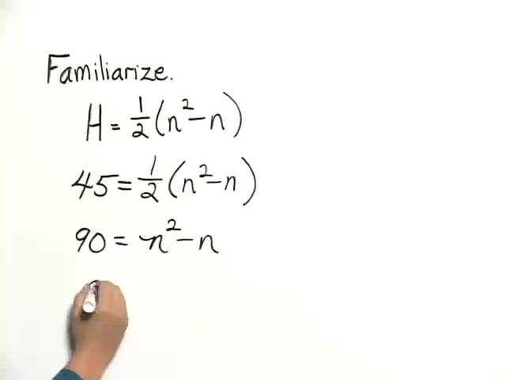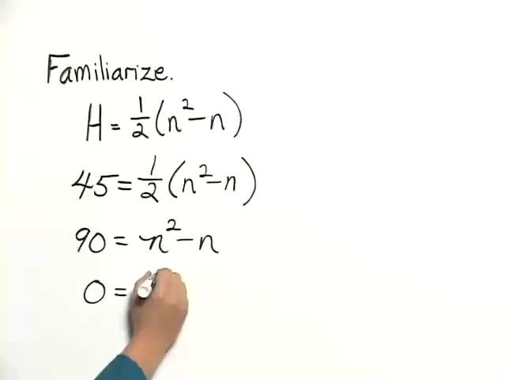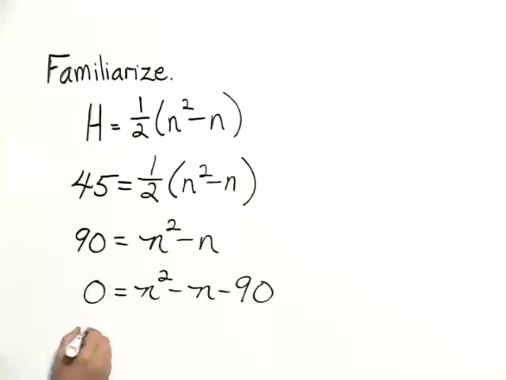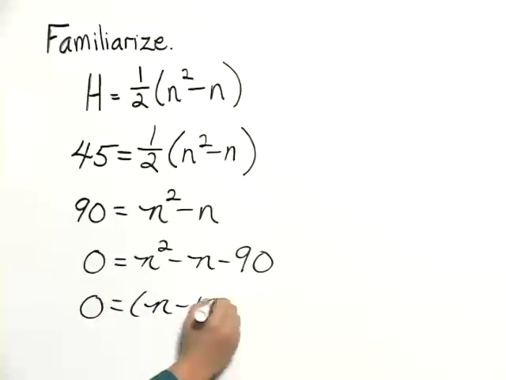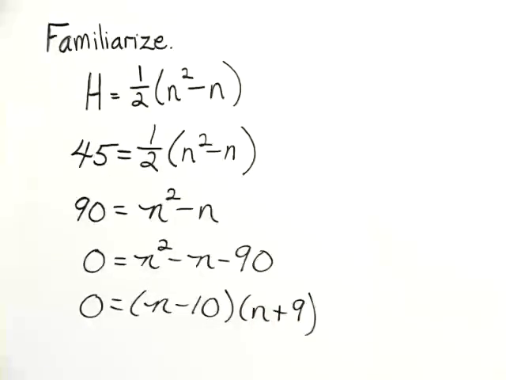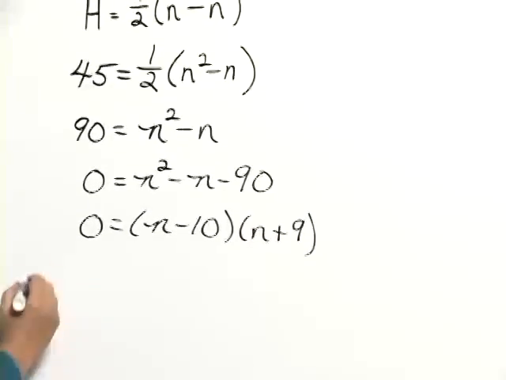Getting a 0 on one side, we have 0 equals n squared minus n minus 90. Then we can factor. 0 equals n minus 10 times n plus 9. And now we can use the principle of zero products.